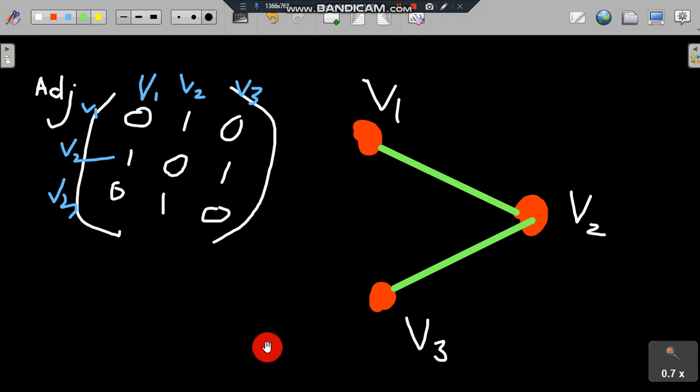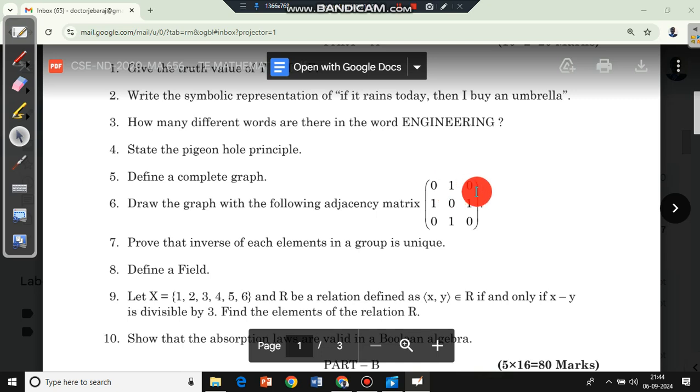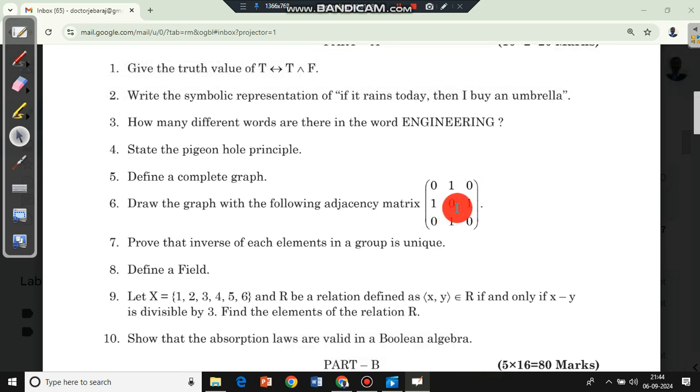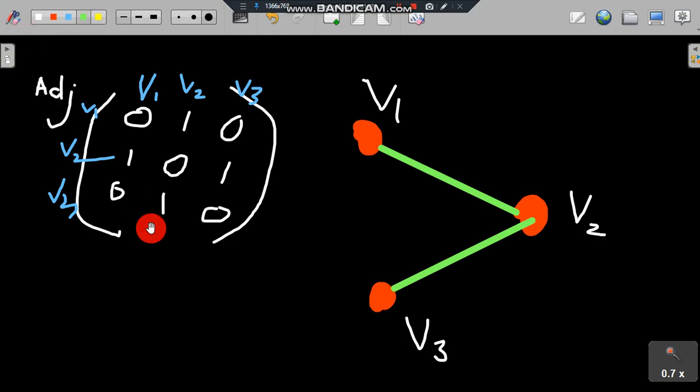The given graph is this. Now go back and see there. This is what: 0 1 0 1 0 1 0 1 0. So this is the matrix given to us. Exactly this matrix I have taken, and this is the given matrix.